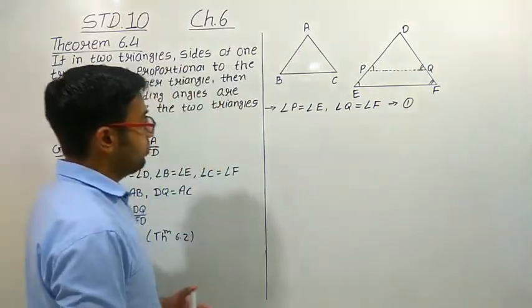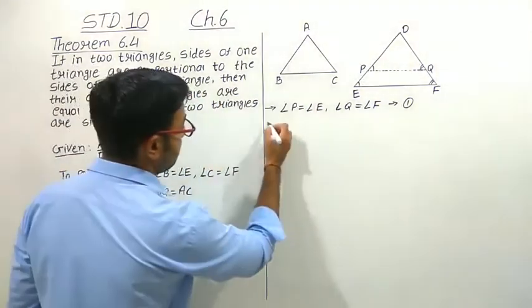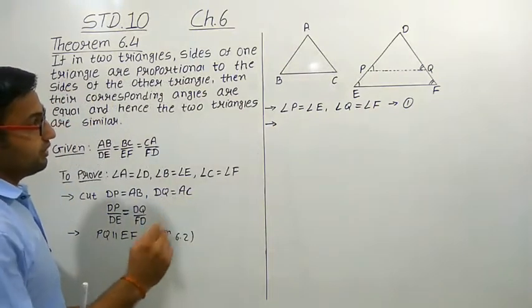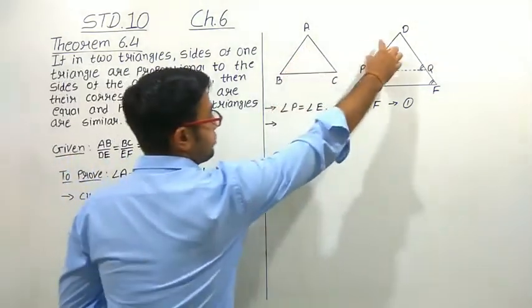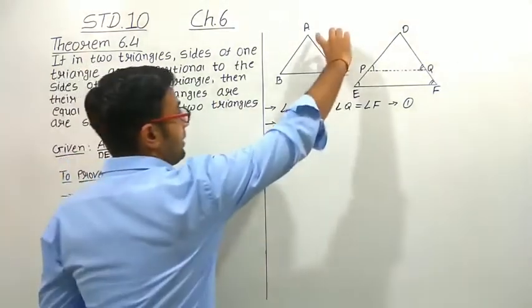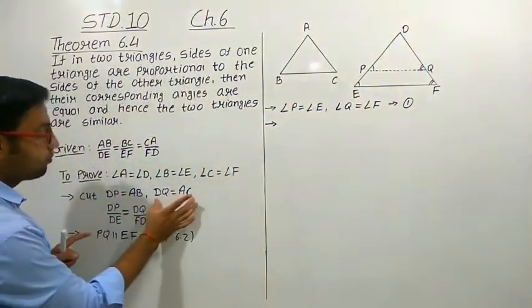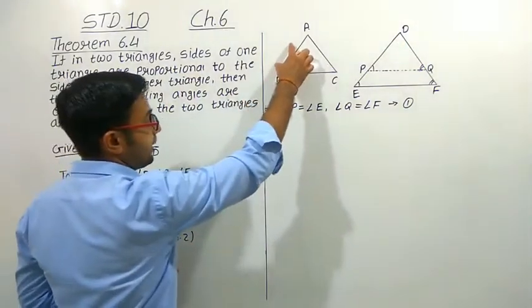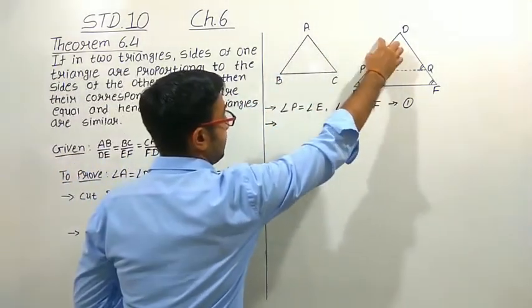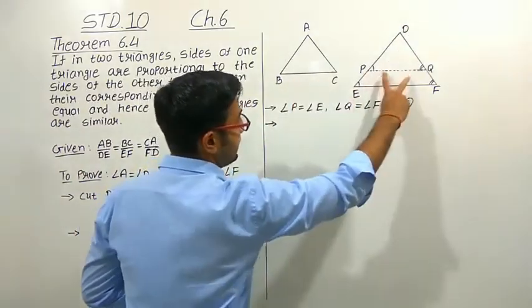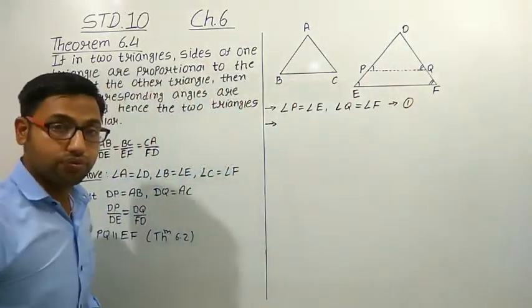We have to prove that both these triangles are congruent. Okay, so how to do this? See, to make both these triangles congruent, here two things we have, that AB side is equal to DP side, and AC side and DQ side, okay, two sides we have. So these two sides of one triangle are equal to this triangle, and second side is also equal to second side, but this BC is not equal to PQ.